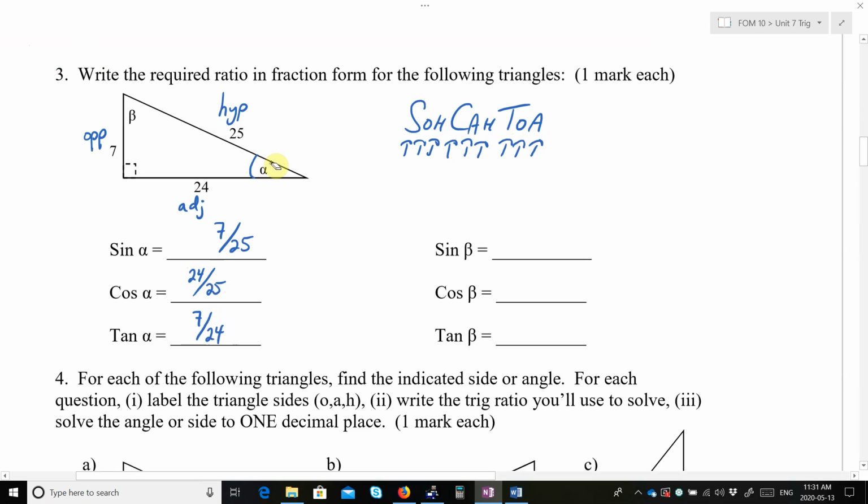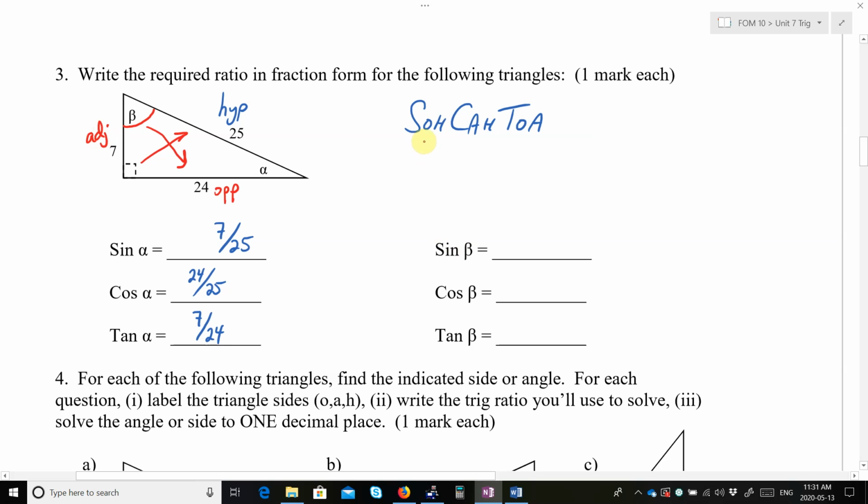Now when we start talking about angle beta, things switch a little bit. There's angle beta, which means the 24 now is the opposite. The 25 is still the hypotenuse because it's across from the 90, and so the 7 is going to be adjacent.